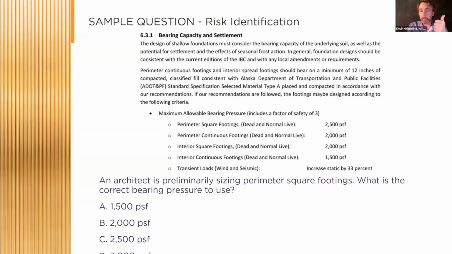It says perimeter square footings, perimeter continuous footings, interior square footings, interior continuous footings, and transient loads. They're essentially telling you that if you're working on these systems, this is the bearing capacity. So it may ask you to read through resources to say, if the architect is preliminarily sizing perimeter square footings, what's the correct bearing pressure to use? You read through, you find perimeter square footings. That's the first one in the line here, and you get the answer of 2,500.